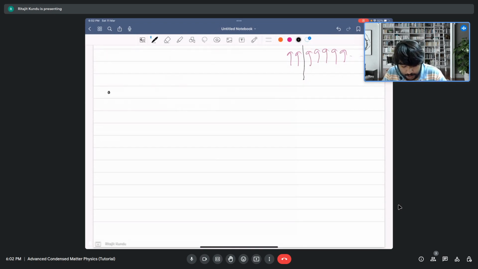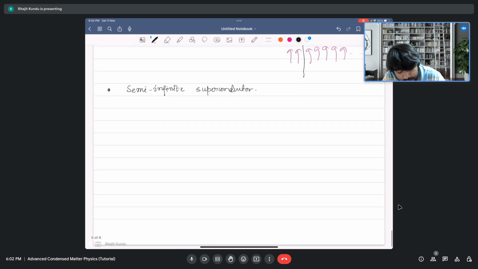So I have a semi-infinite superconductor. You can think of this in the following way. For example, let's say this is my y direction, and the semi-infinite superconductor is given in the region for y greater than 0.